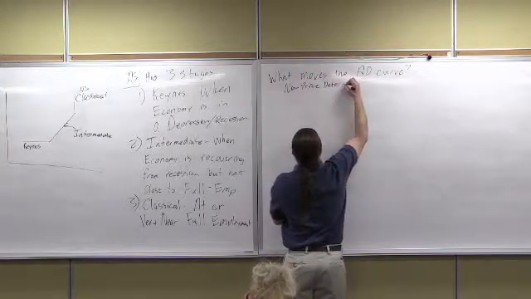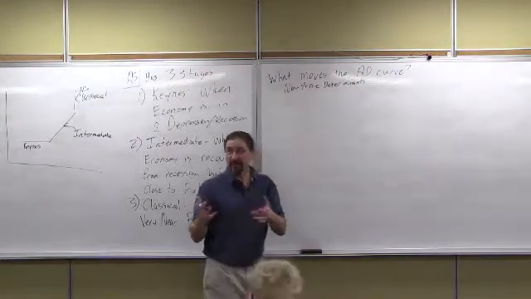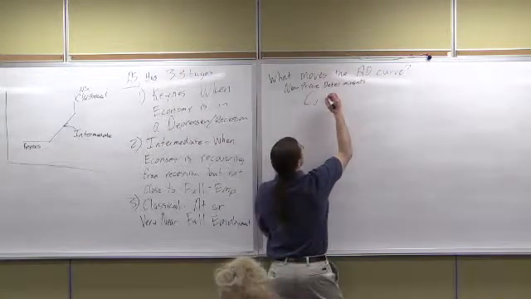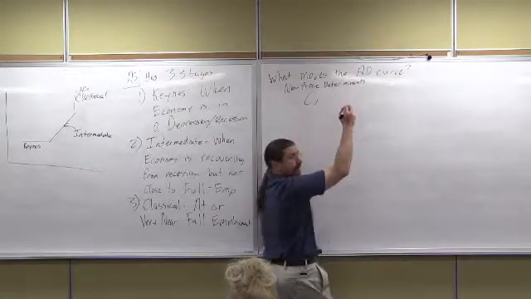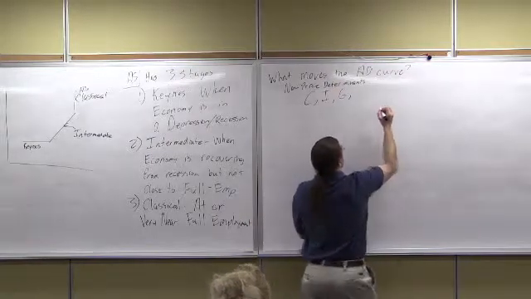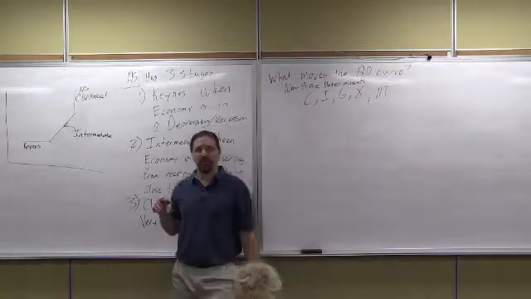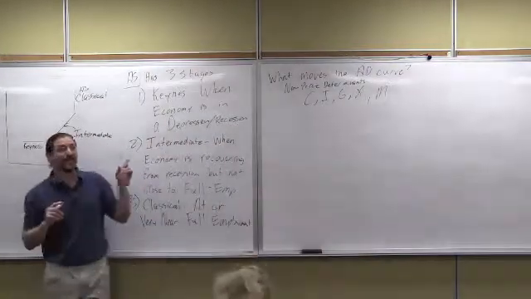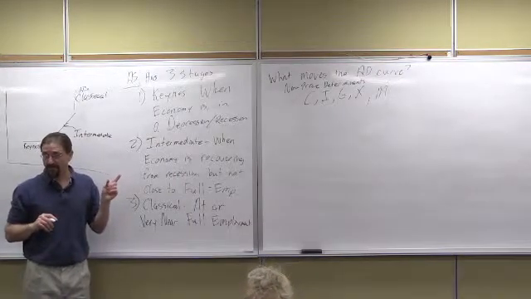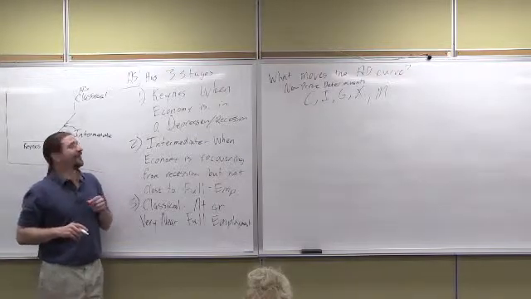What are our non-price determinants? What's the equation? Consumer spending, C, plus I, investment, plus G, government, plus X, exports, minus M, imports. These are the 5 things that move the aggregate demand curve. Those should be really easy for you to remember because it's the formula for GDP. That's why you memorized it, right? Okay, good.